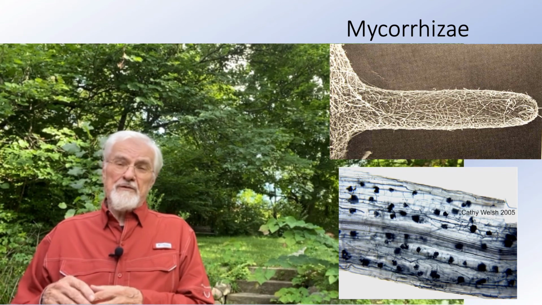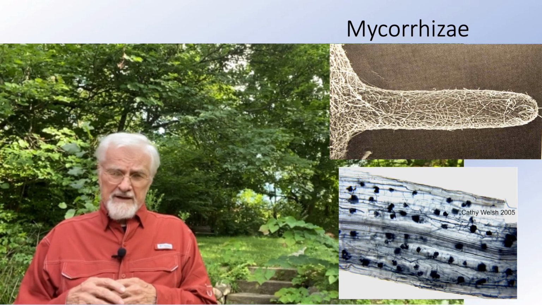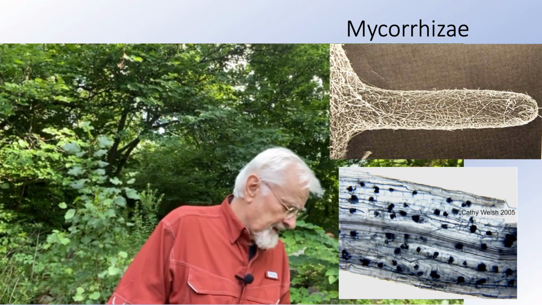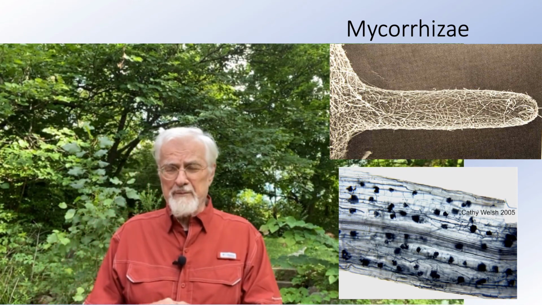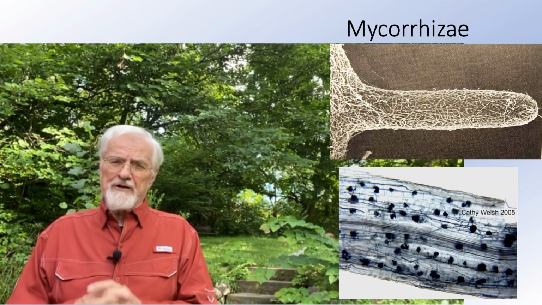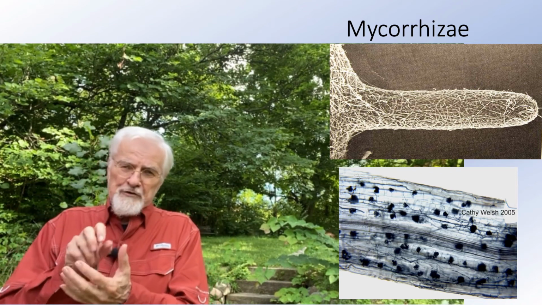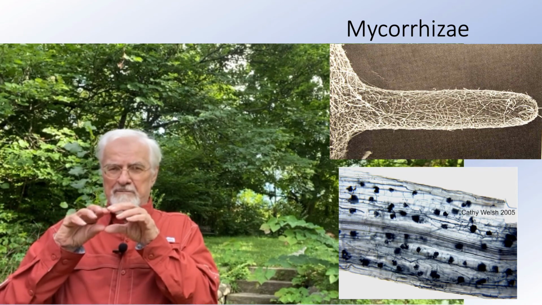There are those that are called ectotrophic mycorrhizae, and an example is here in the upper picture. And then there are the vesicular arbuscular mycorrhizae, and these are endotrophic in the sense that they're within the cell. So your ectotrophic ones are mycelia.